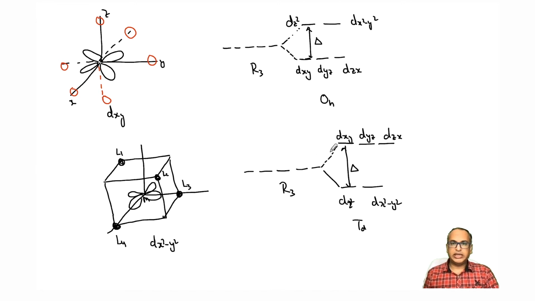That means the change in energy, or the perturbation, is also higher in OH. So this delta I will say delta OH, and this I will say delta TD. Relatively speaking, delta OH will be higher than delta TD. Of course, the order will also be reversed, but there would also be another difference, that delta OH will be higher than delta TD. Okay.